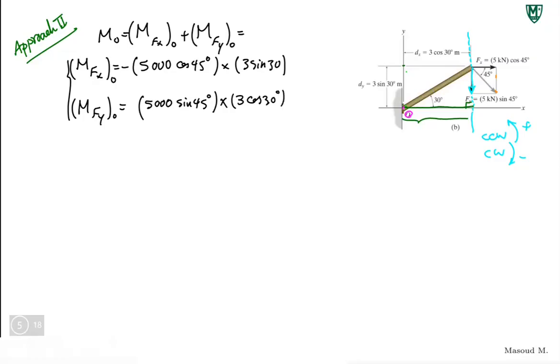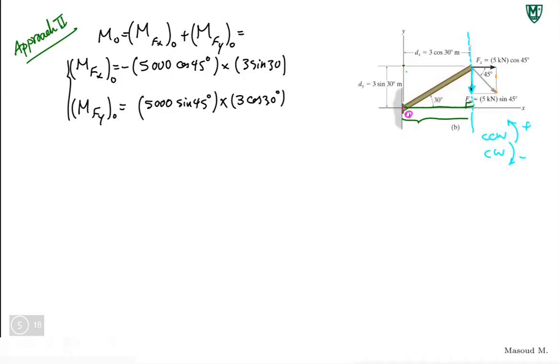Is it positive or negative? Four fingers in the direction of the force. So Fy is downward, four fingers along the force, the palm of your hand facing the point you're finding the moment about, make a fist.